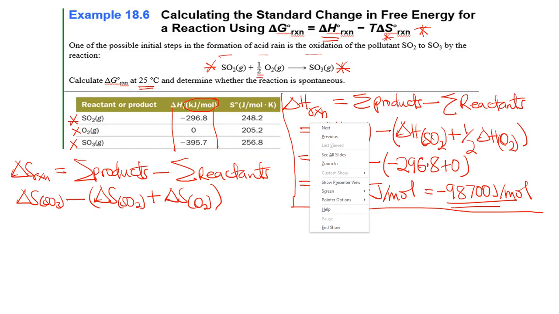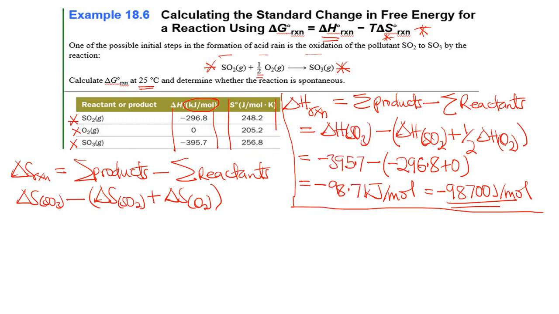In terms of numbers, now we are using this part. So we see that this is for sulfur trioxide, which is 256.8. And remember, the units are joules per mole per Kelvin. This one minus, for sulfur dioxide, it is 248.2 joules per mole per Kelvin, plus the delta S of oxygen.